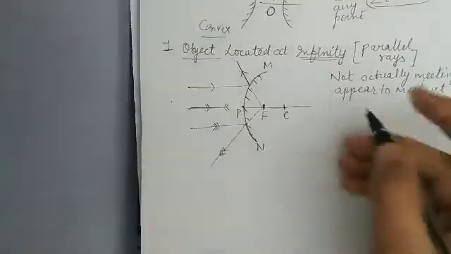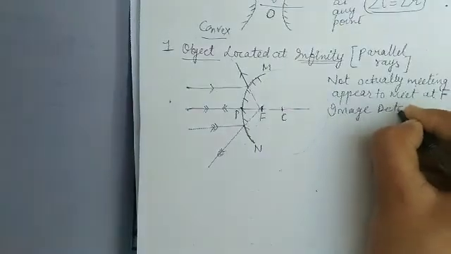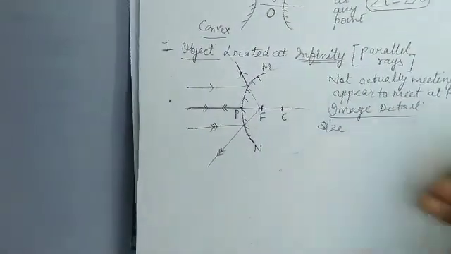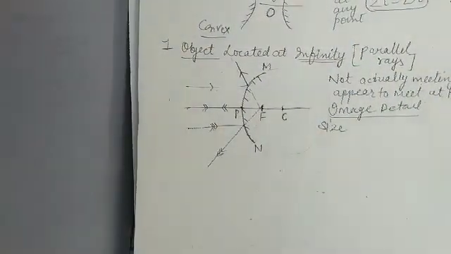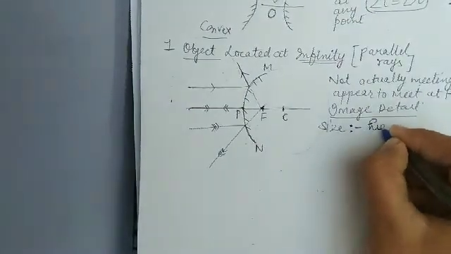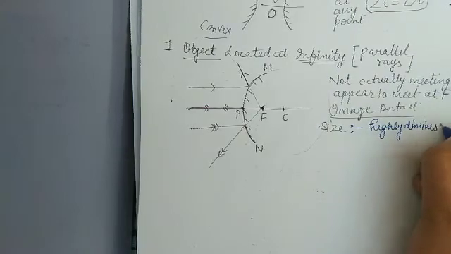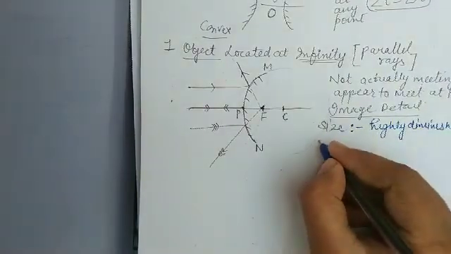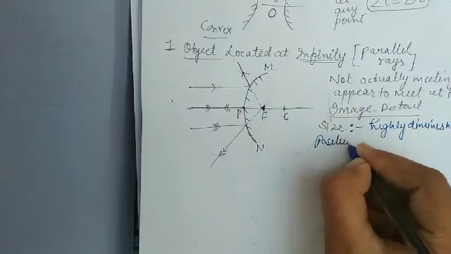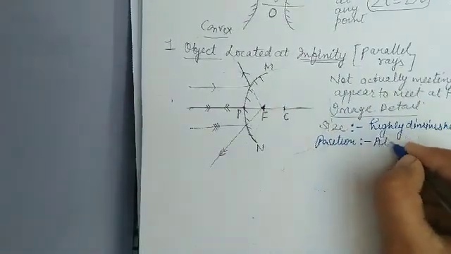Okay, it means what will be the image details? Size. What is the size of the image now, students? As the image is formed at a point, it means highly diminished, very small. Next one is its location, or I am mentioning here the position of the image: at focus.